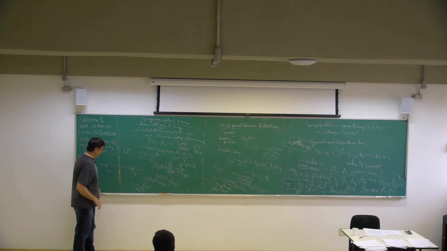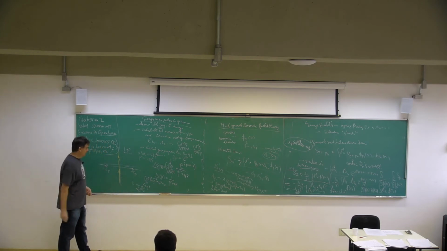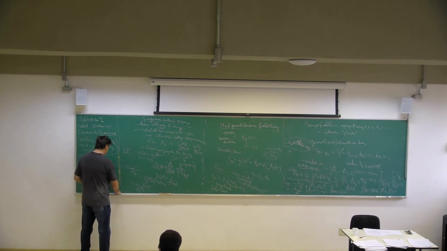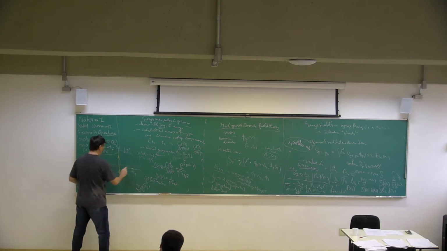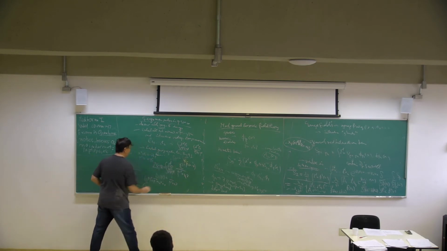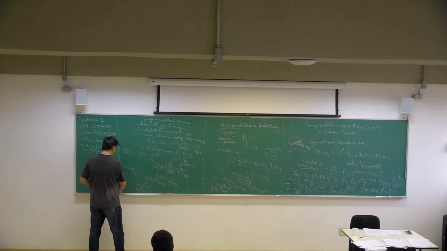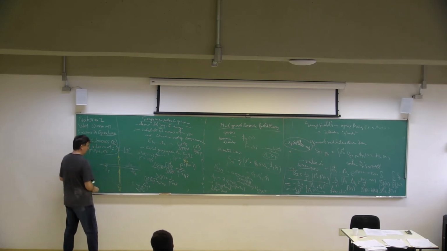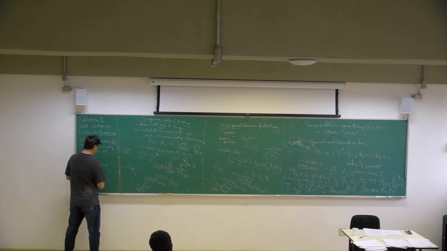But more precisely, what does rotating the contour mean? Well, it means considering the full complex contour, so this is C_I, whereas this is C_R, real.